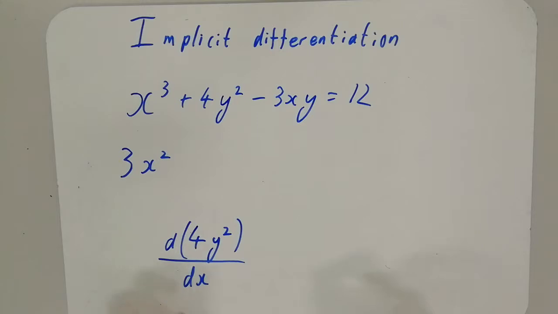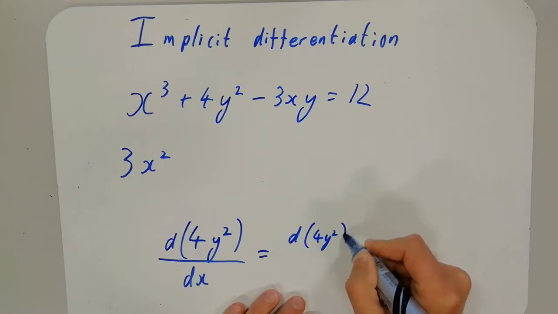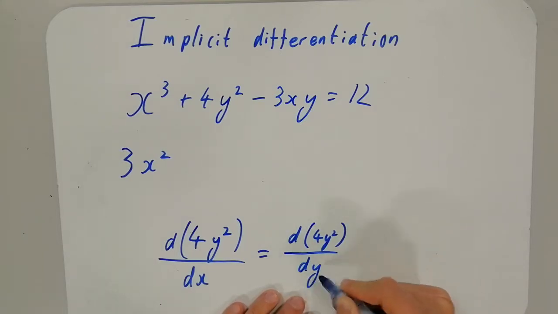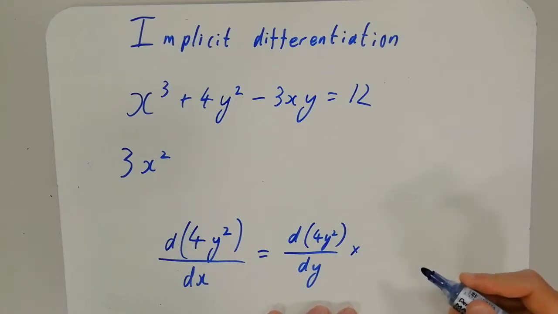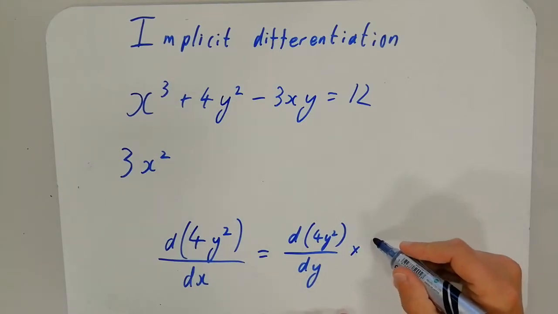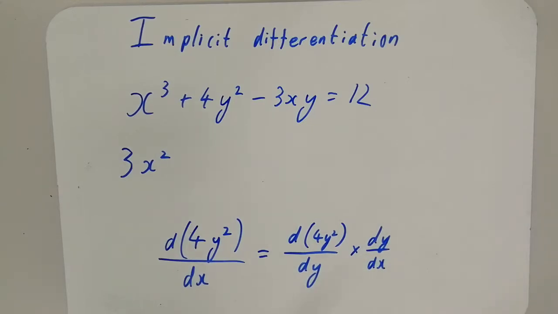So we're going to use the chain rule to help us here. What we're going to do is we're actually going to differentiate 4y squared with respect to y. That's nice and straightforward. I know I can do that. And then I use the chain rule to multiply by dy dx. Remember, like we saw before, it's almost as if the dy's cancel out.